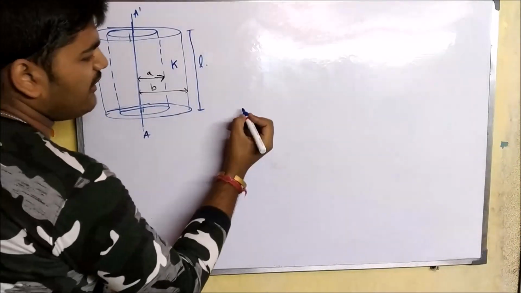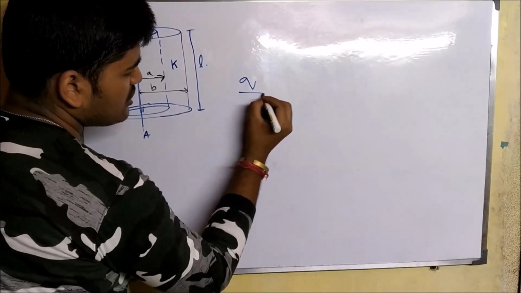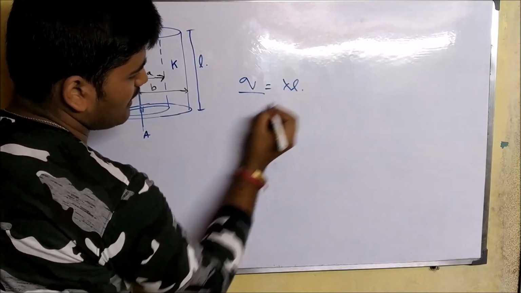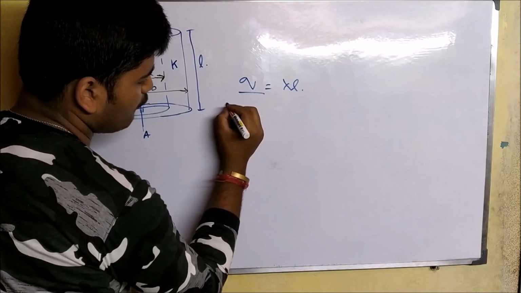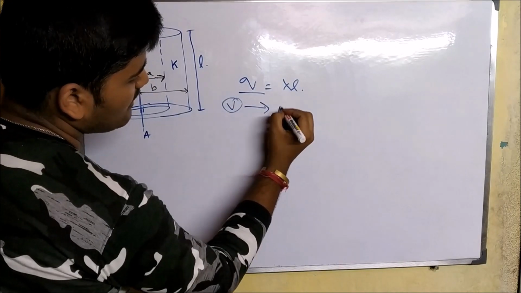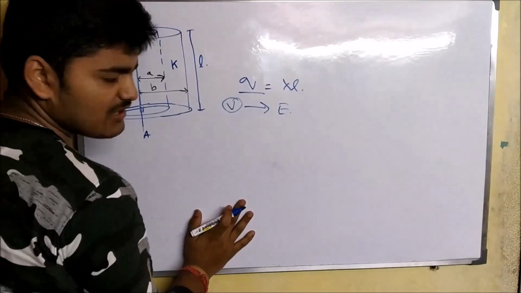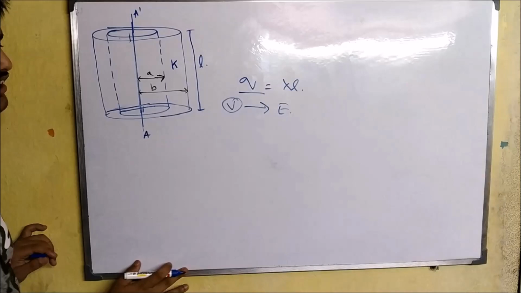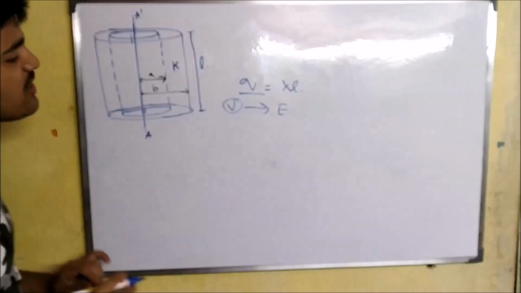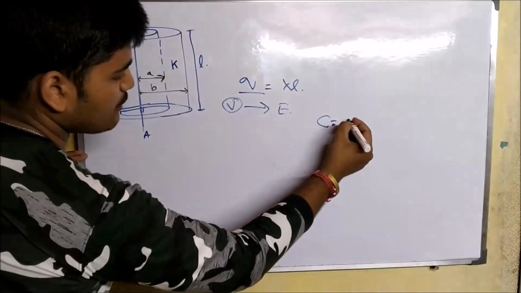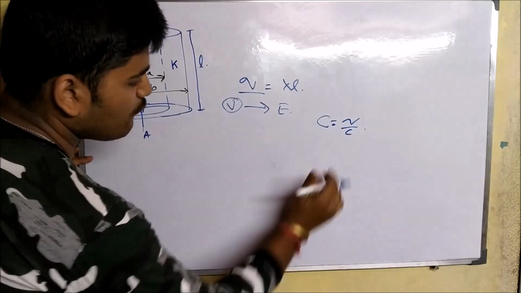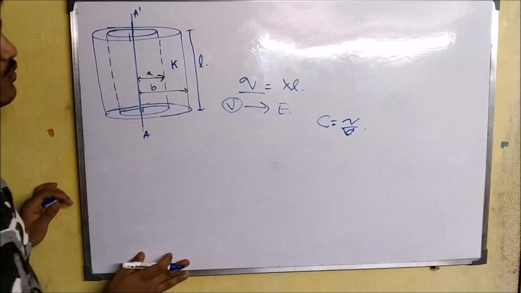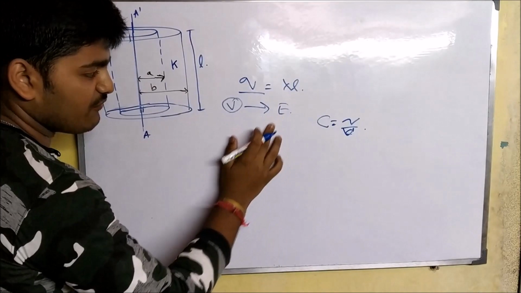If we can find out the charge as lambda into L, and if we can find out V in terms of the electric field, then it will be very easy for us to find out the capacitance as equals to Q by V. So we will be finding out the electric field.